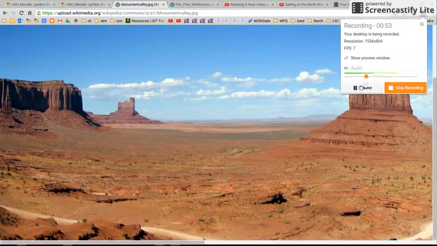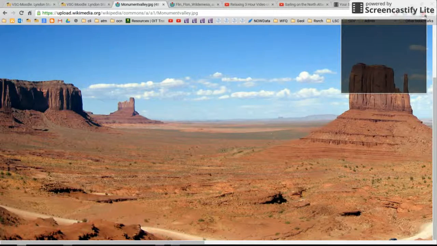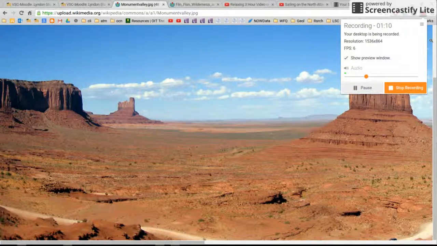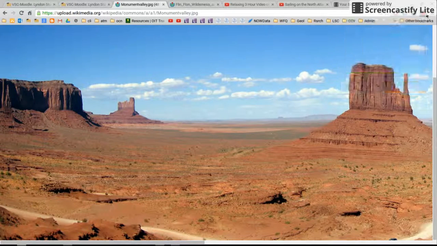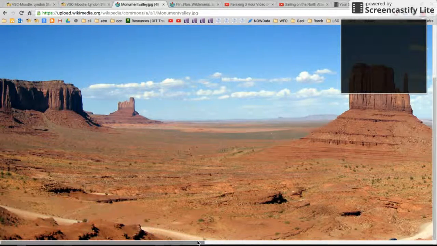The continental tropical air mass typically develops in desert areas. This is a picture of Monument Valley in Utah. It's along the Utah-Arizona border. And what you can see with this particular air mass is that it develops in an area that's very dry.